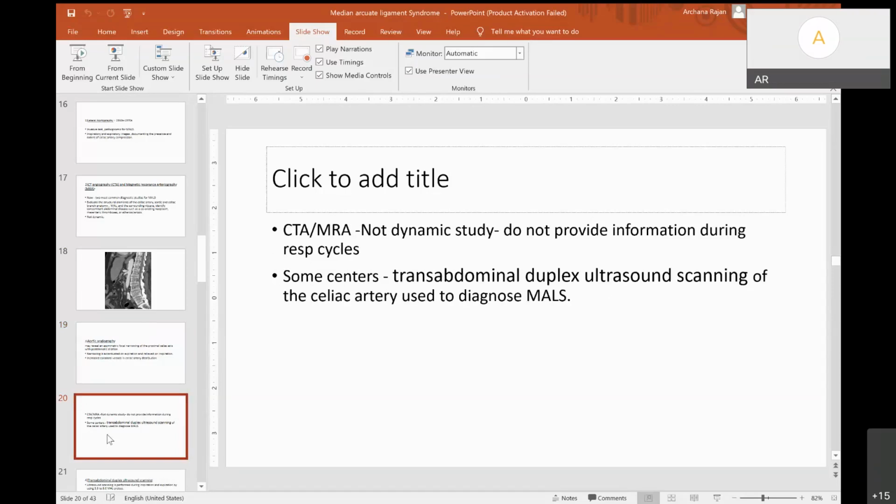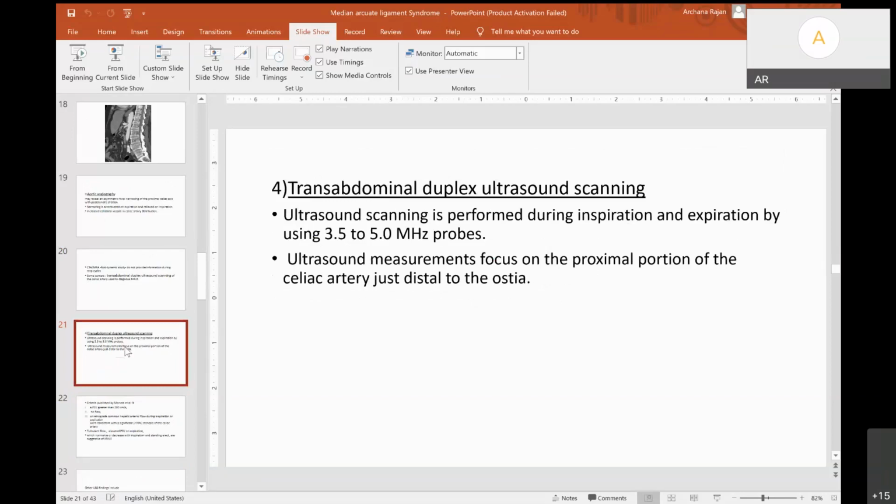So some centers have started using transabdominal duplex ultrasound scanning of the celiac artery to diagnose median arcuate ligament syndrome. It is performed during inspiration and expiration using 3.5 to 5 megahertz probes, and measurements focus on the proximal portion of the celiac artery, just distal to its ostia.